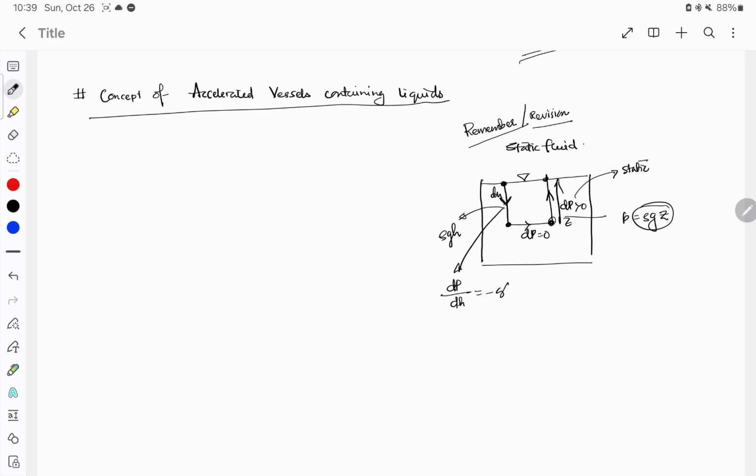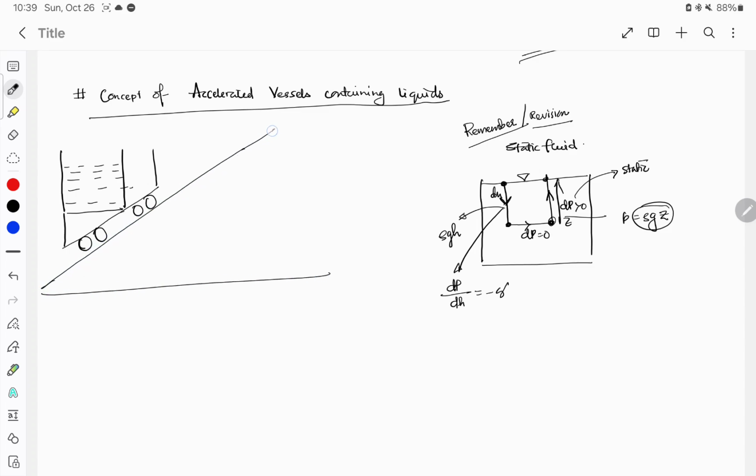But now let us take the same fluid filled container, and say that this container is on a truck mounted with rollers, and this particular thing is moving in an inclined plane with an acceleration. Now we have an acceleration in the upward direction.